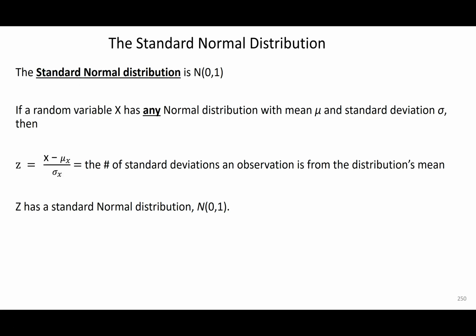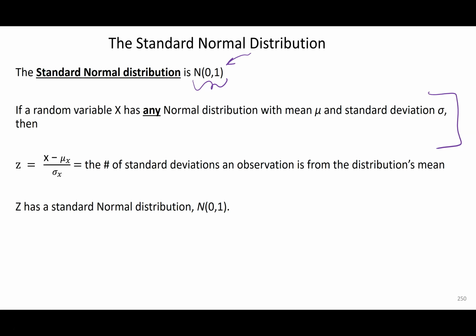So here, the standard normal distribution is a distribution that has a mean of 0 and a standard deviation of 1. So anytime we have a normal distribution, we can translate the problem we have into this normal 0, 1 distribution.